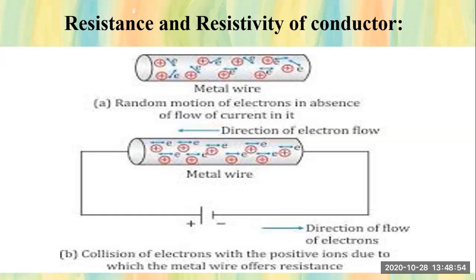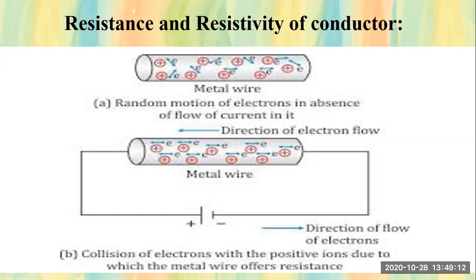Now see, if I just pass a small ball, and some obstacle comes in between, or another ball is also coming, when they both collide with each other, there is an obstacle, right?